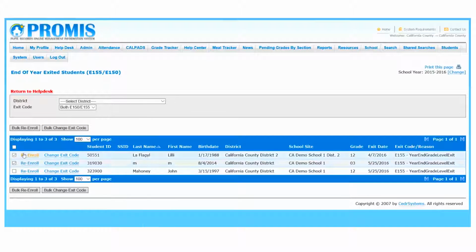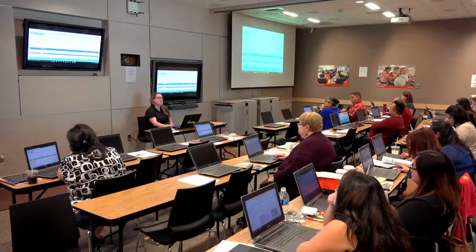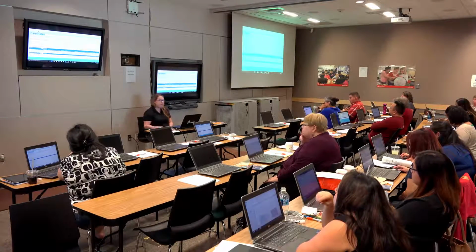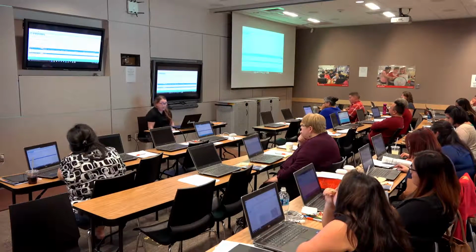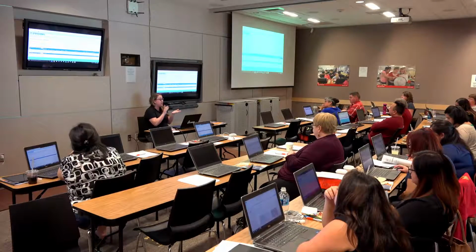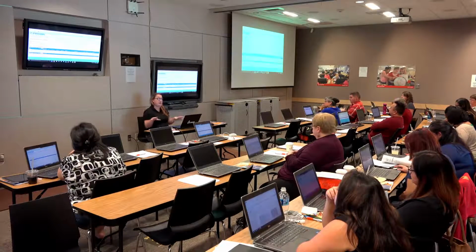You can also re-enroll one student back into fall, or you can do multiple students in bulk right here with these drop downs. If you have a different scenario like your juvenile hall students, they never leave, right? They're just there on 6/30 and they're there on 7/1. We have 2 automatic processes. The first one is the automatic process, just the regular one.